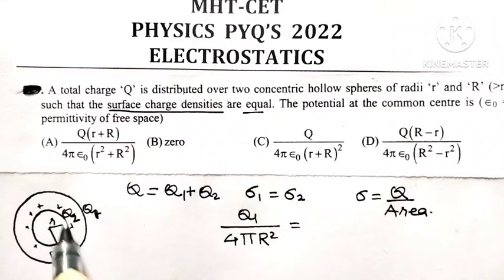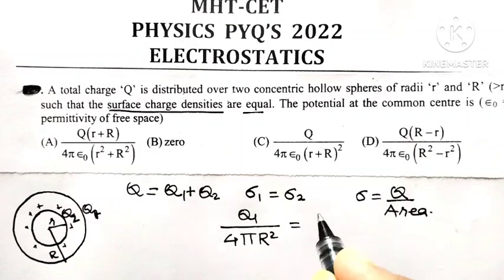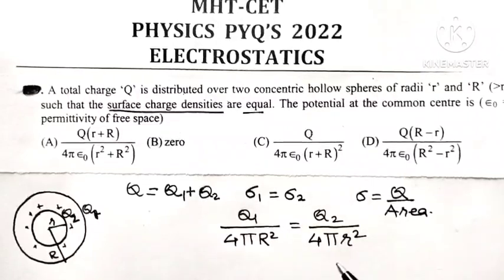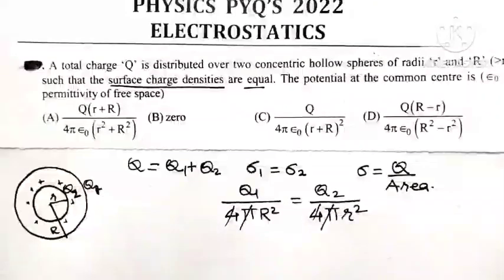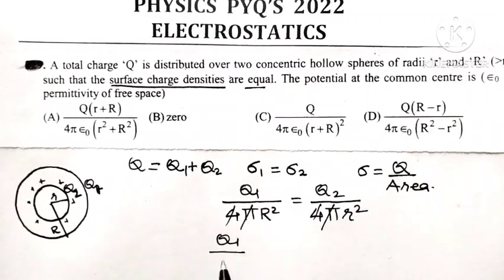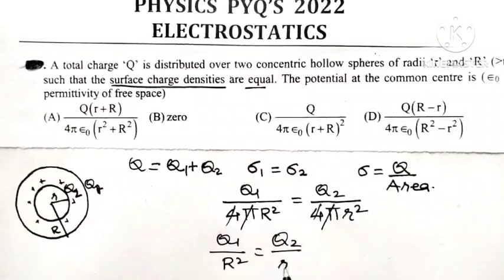The surface charge density of the smaller sphere is Q2 divided by 4 pi small r square. The 4 pi on both sides gets cancelled, therefore Q1 divided by capital R square is equal to Q2 divided by small r square.